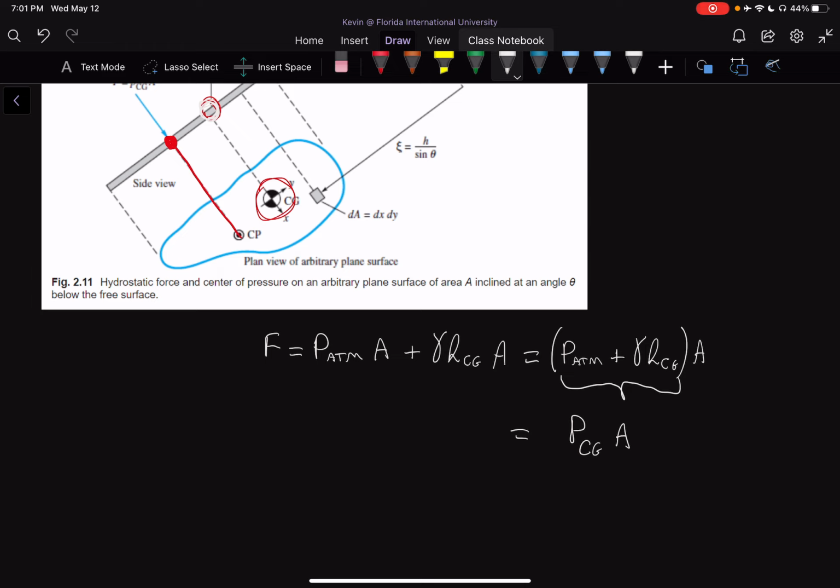Okay, so moving forward from that, we can say that if the plane is submerged, we can write the following statement, and I'm going to write it down fully because I think it's important.